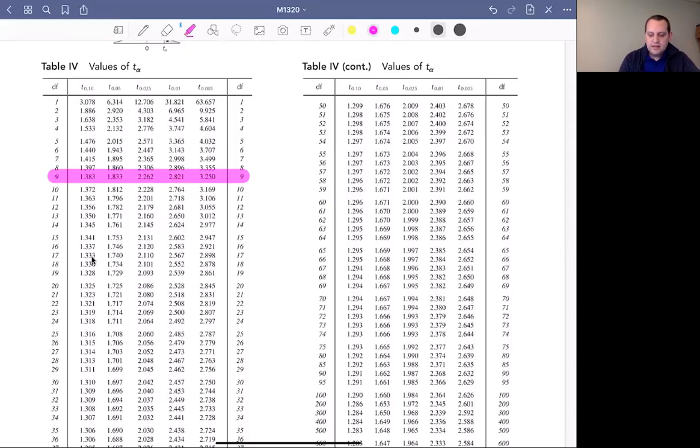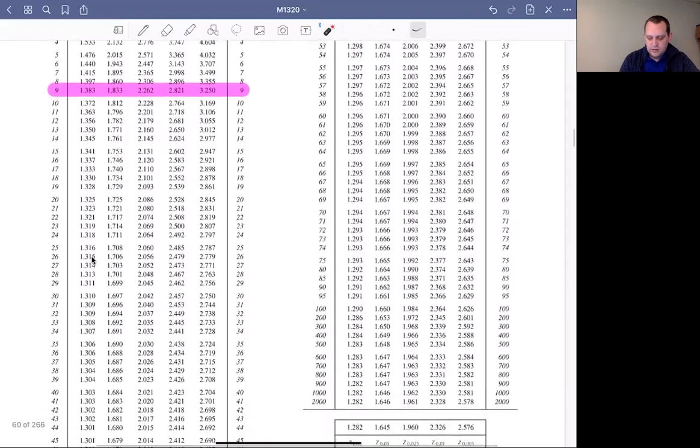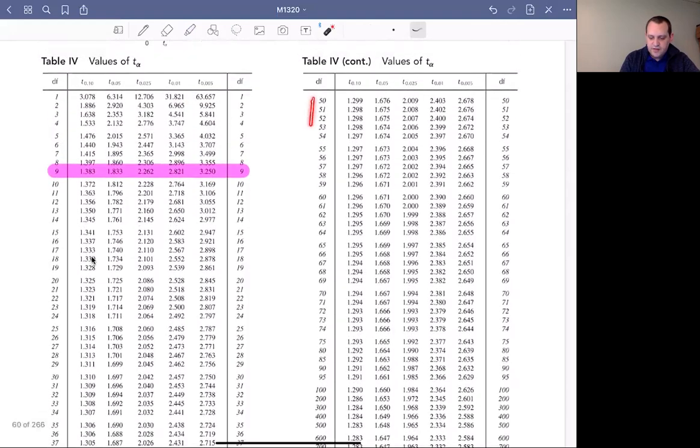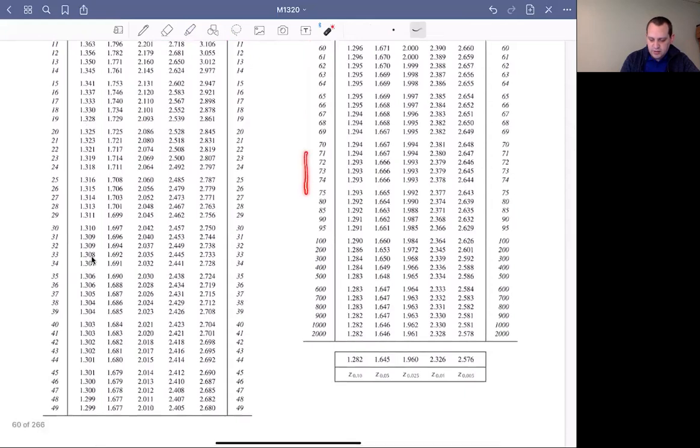As the degrees of freedom is increasing, so notice that there's 50, 60, 70, and then it starts jumping by 5s, then by 100s, and by 1000s. And notice that the values themselves aren't changing very frequently. So as n gets larger, the t-distribution is going to start to look more and more like a normal distribution.